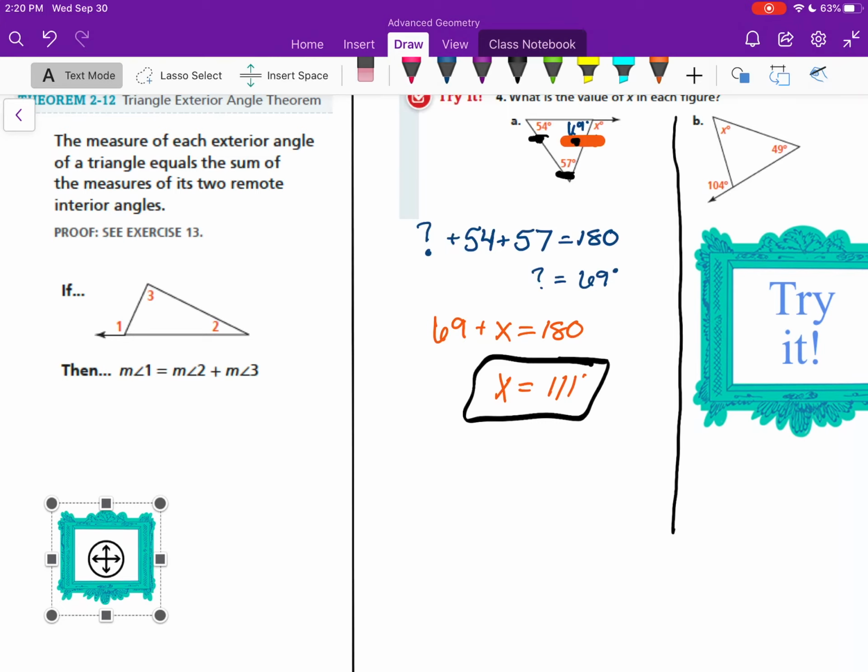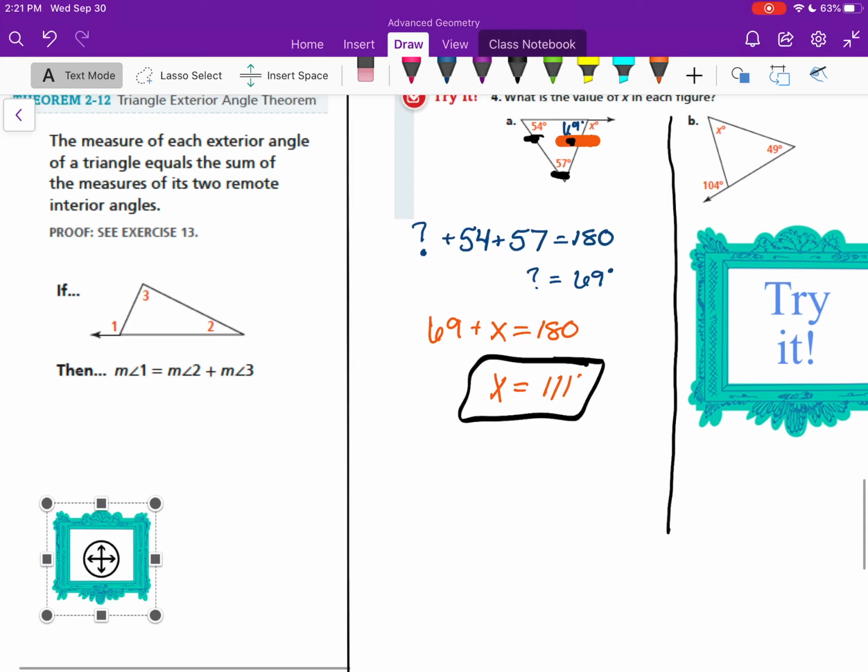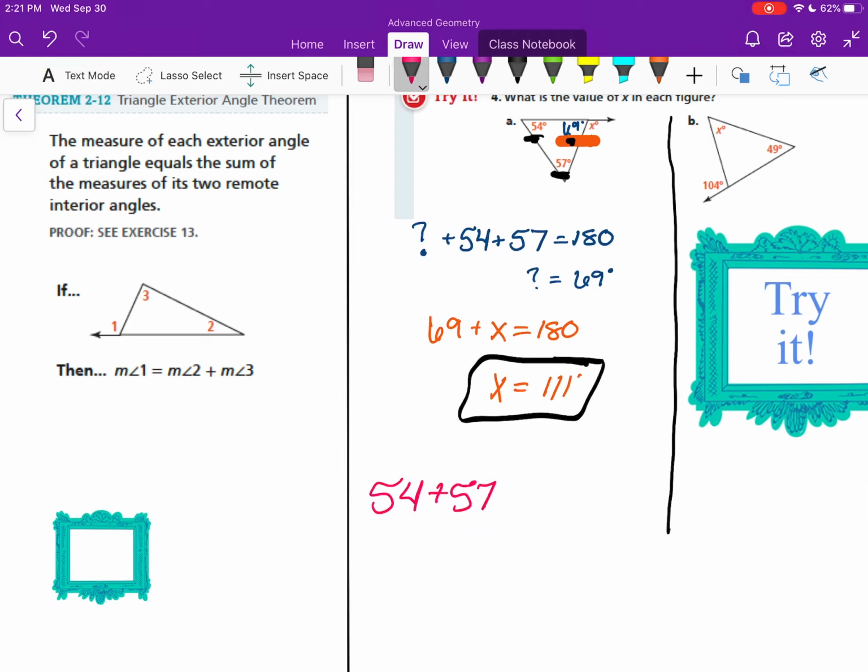So the 69 degree angle was part of the angle to make it a straight line. But the 54 degrees and the 57 degrees are the 2 remote interior angles, interior being on the inside. And if we check that out, 54 plus 57 does equal 111.